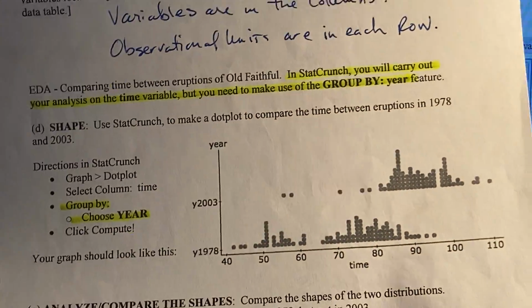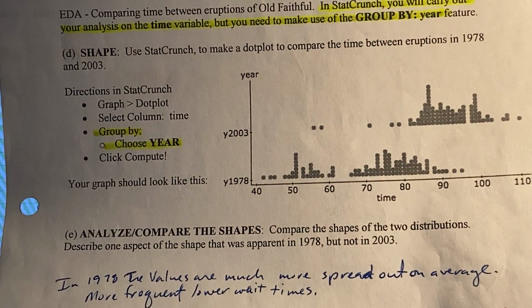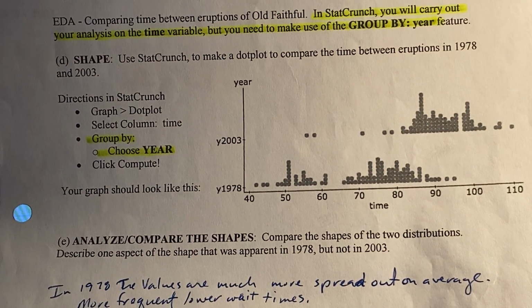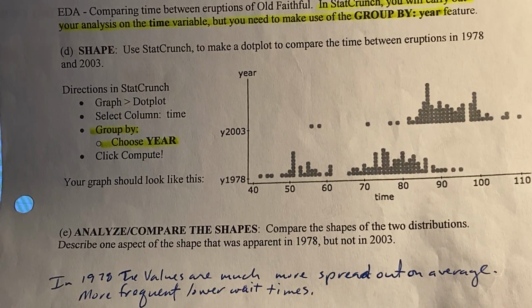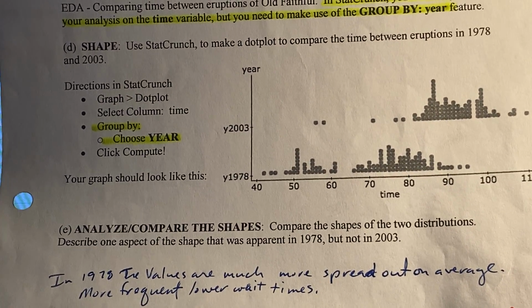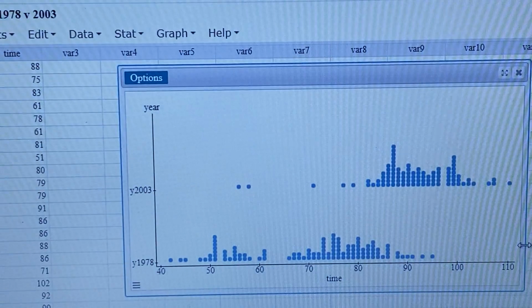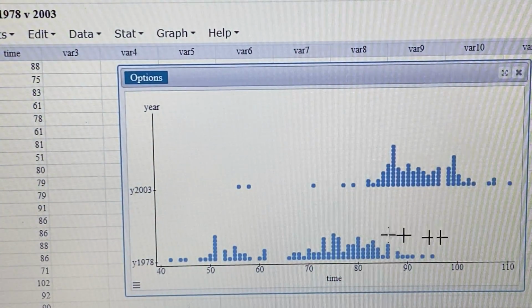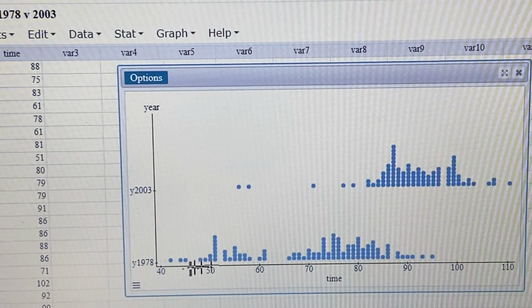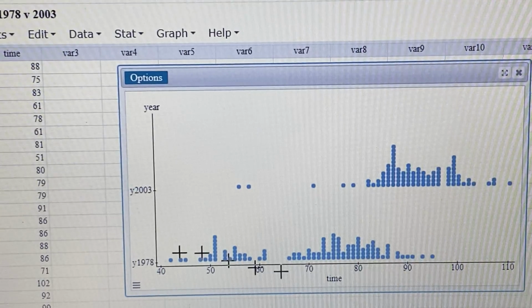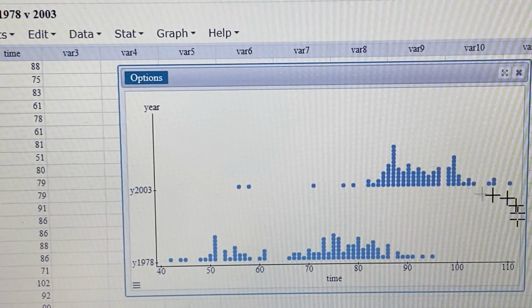All right, so now we're going to analyze the shapes. We want to look at the difference in the shapes. What is one difference that you see? In 1978, it looks like the values are a little bit more spread out than in 2003.